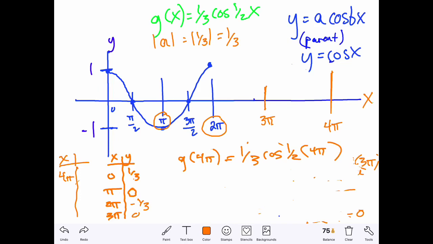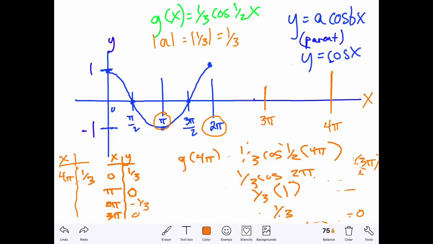Well, what's 1/2 of 4 pi? 2 pi. What's the cosine of 2 pi? In other words, when I come back right around to where I started, what was the cosine of 0 or 2 pi? Well, if I think on the unit circle, that's going to be 1 for x and 0 on y, but I just want the x. 1 times 1/3, 1/3. Okay.